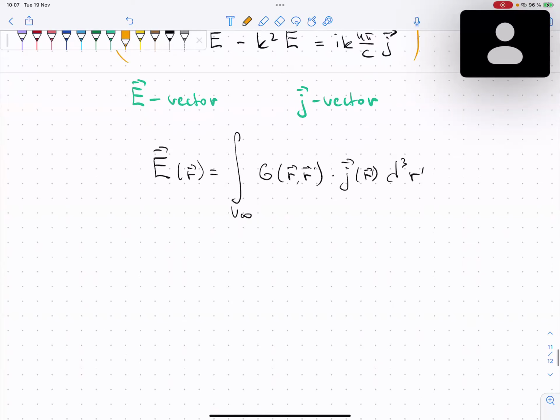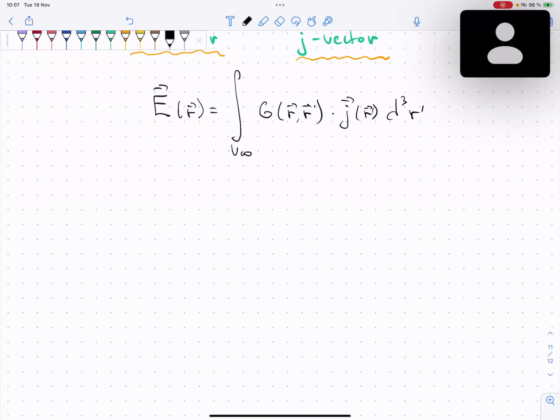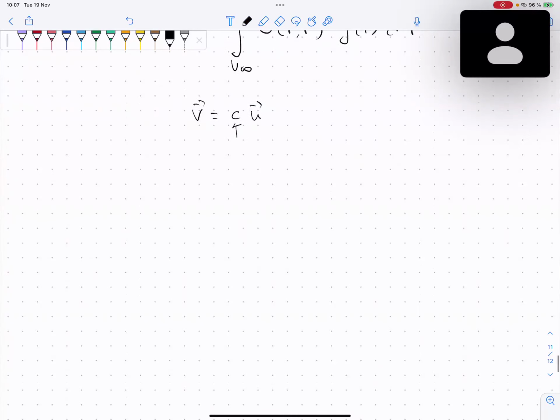And this guy is a vector. This guy is also a vector. Of course, two vectors can be connected using a scalar. But also we can get a vector if we multiply another vector by a matrix.